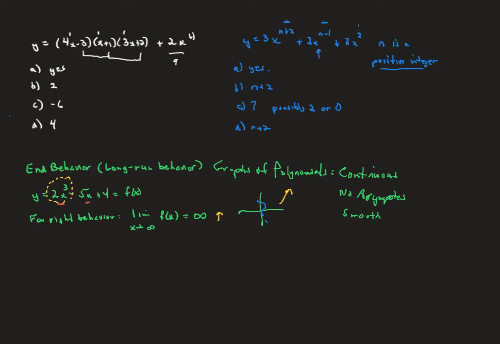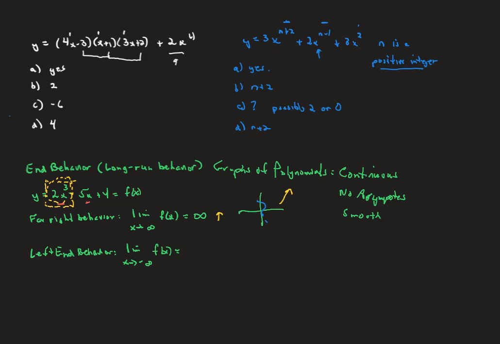The left-hand behavior, what we call the left-end behavior, we would write symbolically as the limit as x goes to negative infinity of our function. And in this case, again, the behavior is going to be determined by the highest power of x and its coefficient.